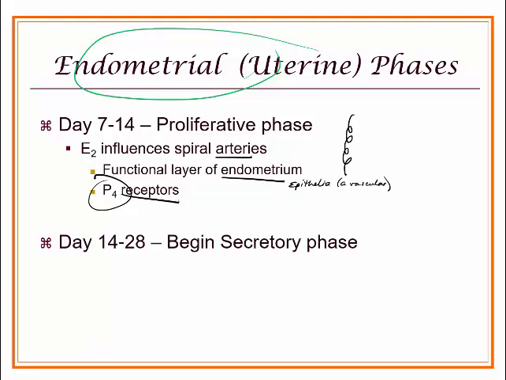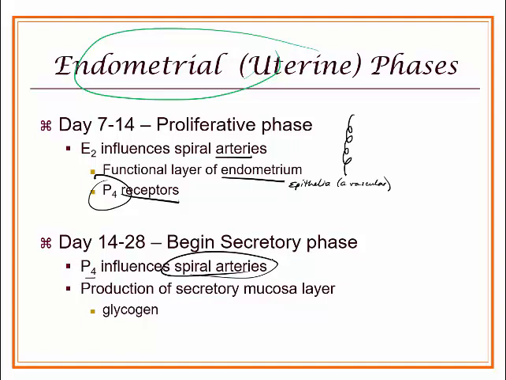Now, days 14 to 28 are the secretory phase. During the secretory phase, we start getting progesterone, and progesterone continues to influence the growth of spiral arteries. We want a nice rich blood supply in anticipation of an implantation of an embryo.